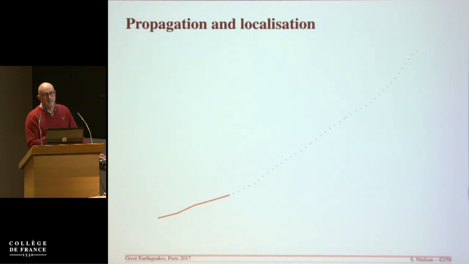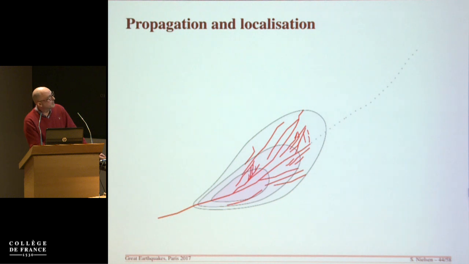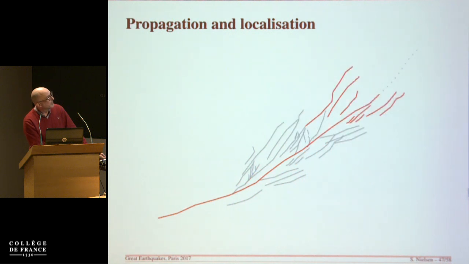Now let me just do an artistic vision of what happens for a rupture that propagates on some more or less pre-existing fault. It concentrates stress in a lobe, and within this lobe, you can expect secondary fractures. And as rupture progresses, one of the faults wins. It gets weaker than the others, and the others basically become inactive and are left behind. And then slip is localized, and fracture progresses and continues to make this array slide.